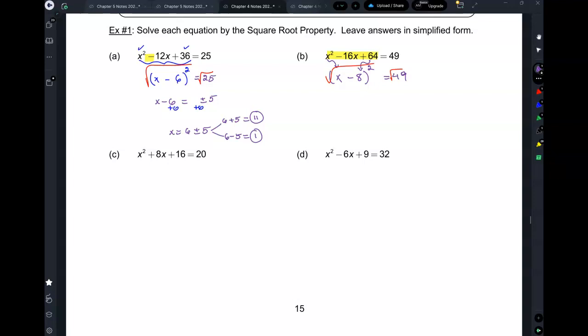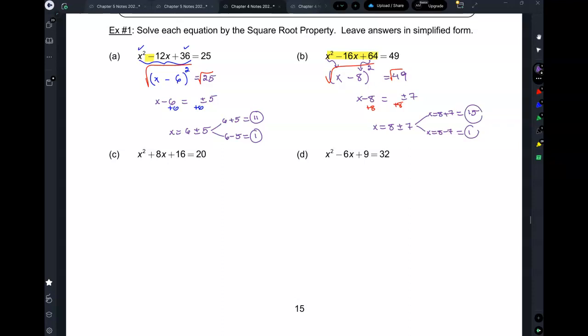So first I do root 64 is 8, and then negative, negative. Absolutely. So x minus 8 here, and then what do I get on the other side? Just 7? Plus or minus 7. And now, add 8, add 8. X is 8 plus or minus 7. So x is 8 plus 7. X is 8 minus 7. 15 and 1.